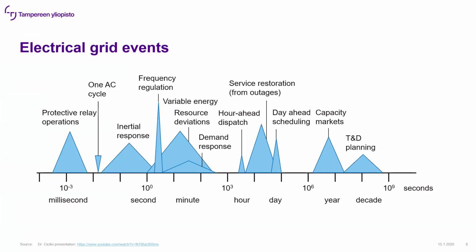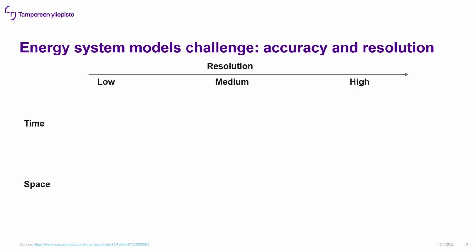So transmission and distribution planning, and planning for carbon goals. So based on what you're trying to model, what your end goal in the modeling is, you're going to have to set your resolution for the model based on that.